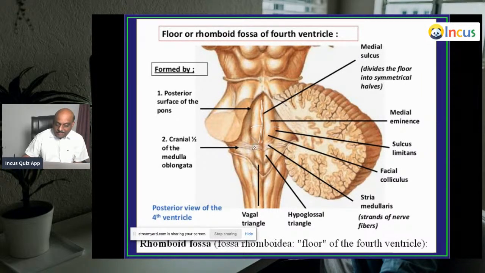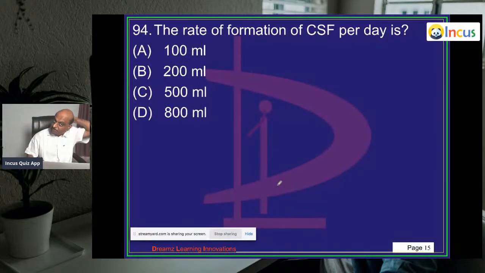This is the cranial half of the medulla oblongata, which is part of the floor of the rhomboid fossa. Here you have the facial colliculus, typically. The floor of the fourth ventricle is favorably asked.